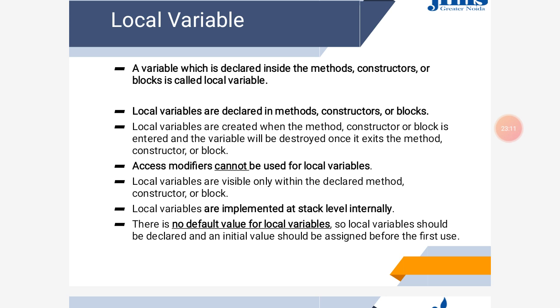Access modifiers cannot be used for local variables, like we cannot use public, private, protected, or default access modifiers for local variables, and there are no default values for local variables. For instance variables and static variables, there are some default values, but when you are using local variables, then you need to give a value, otherwise you will face a problem.